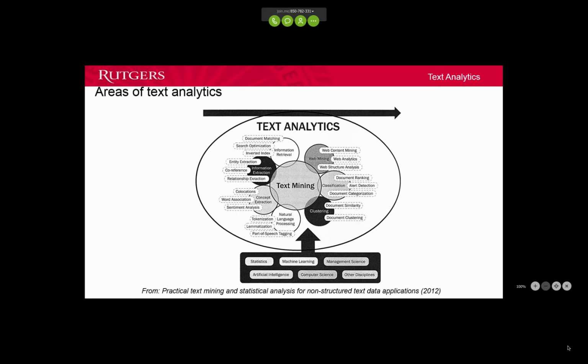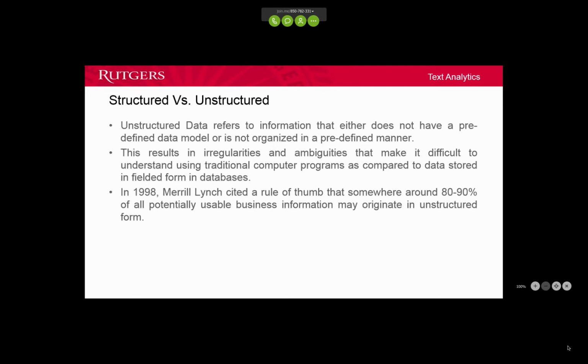There's this idea, and this was almost 20 years ago now, that Merrill Lynch said that somewhere around 80 to 90% of possible usable business data is unstructured. So it's important for us to try and access this information.